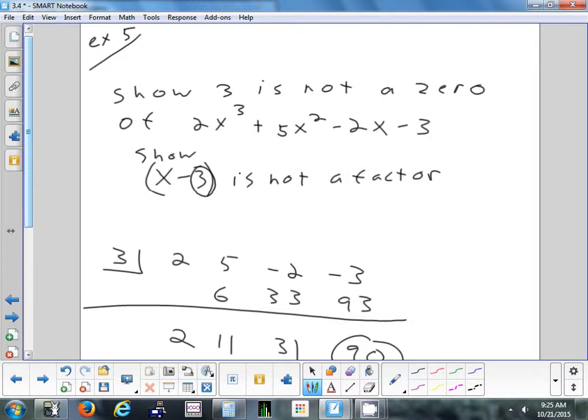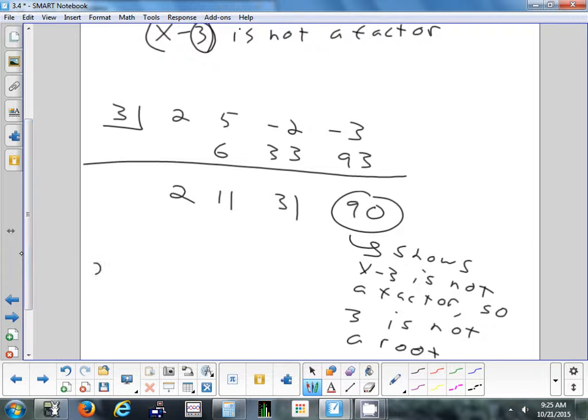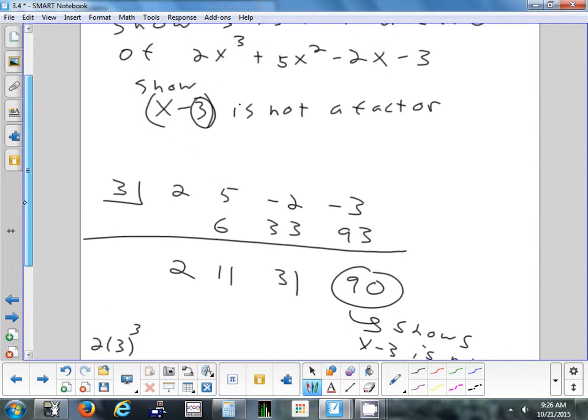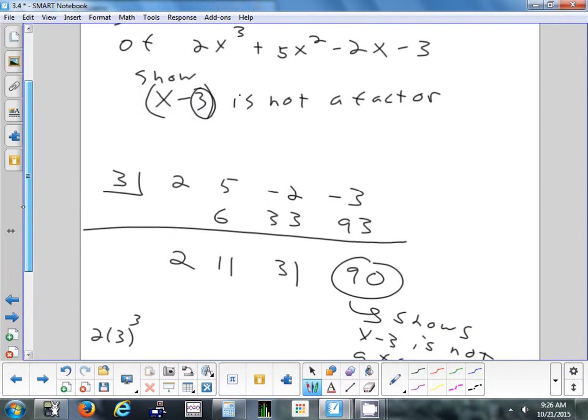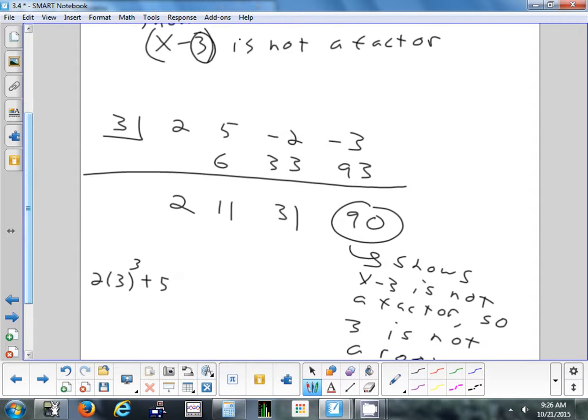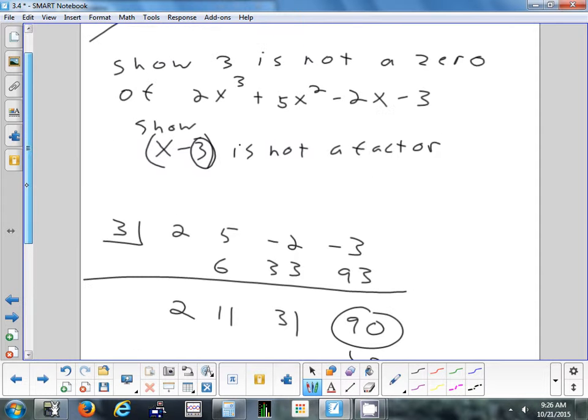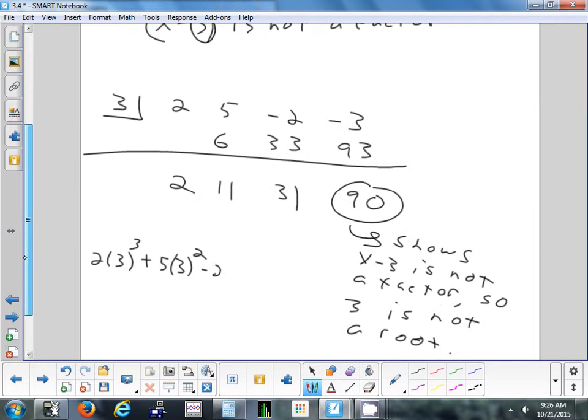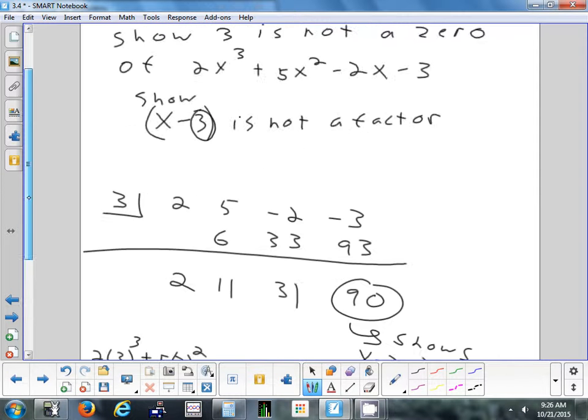Take 3, plug it in for x. So 3 cubed plus 5 times 3 squared minus 2 times 3 minus 3. I'm not saying this way is going to be faster. I think the synthetic was pretty fast, but we didn't even need all this stuff. We didn't need the quotient.